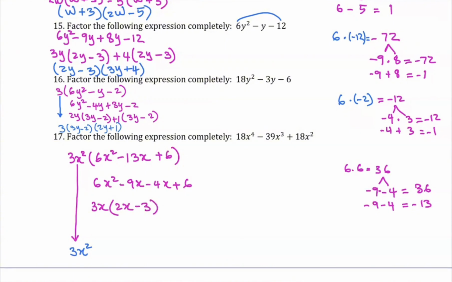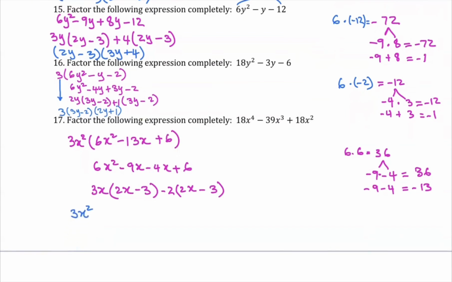The second group, I can factor -2 out. 2x minus 3. Then 2x minus 3 would be the common factor. I can factor 2x minus 3 out again, but I'm going to keep the 3x squared that I had outside with the final answer. So that's 2x minus 3 times 3x minus 2 is the final answer for number 17.